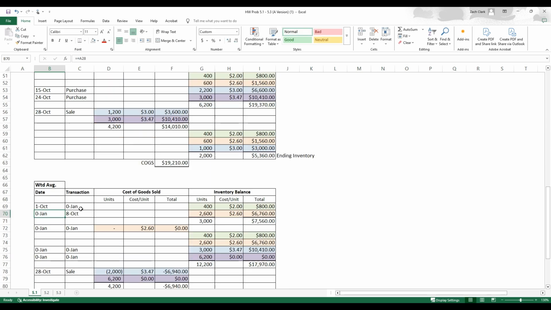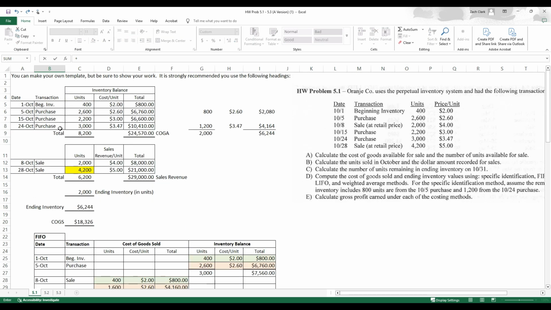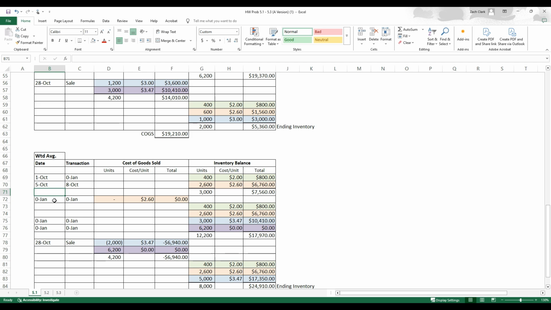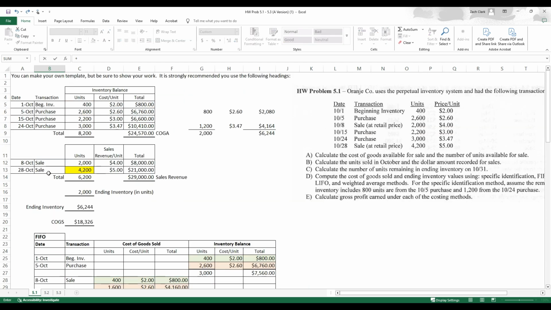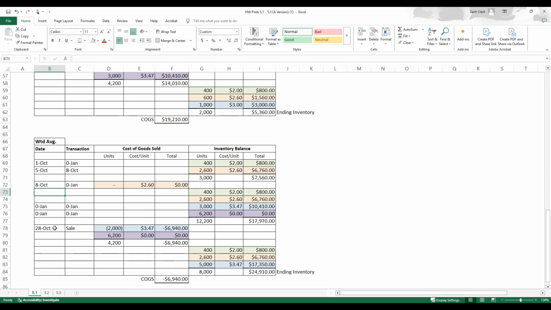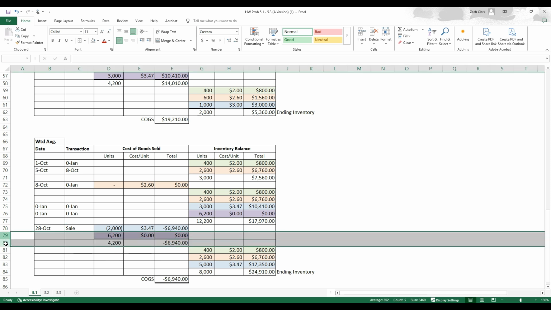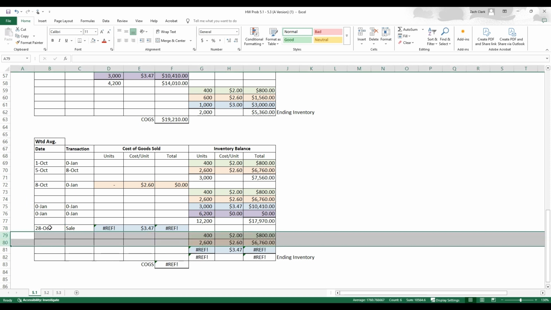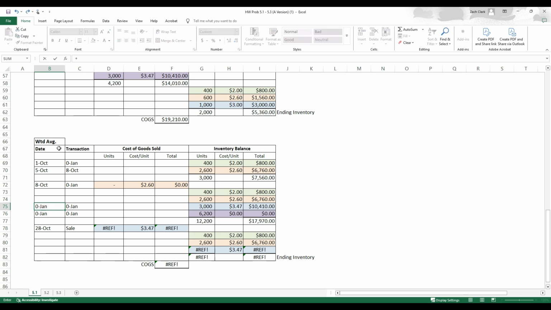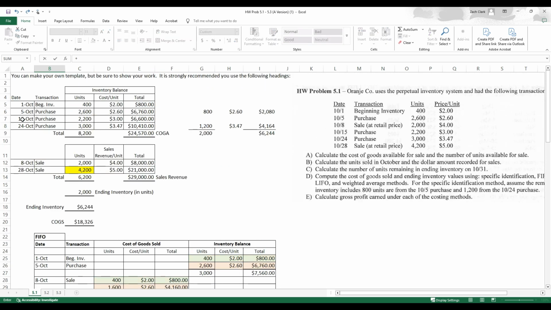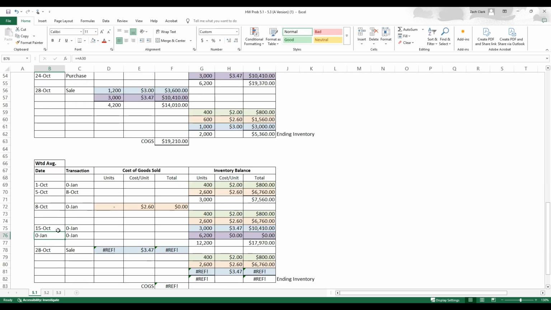Again, I'm just going to go up here, and I know that there's going to be some differences. With weighted average, the one real difference is there's only one line for every sale, so that's kind of nice. Okay, that's there. And again, let's just drag these over. Boom, boom, boom. Looks good.